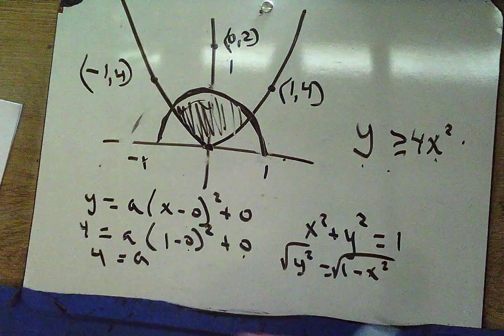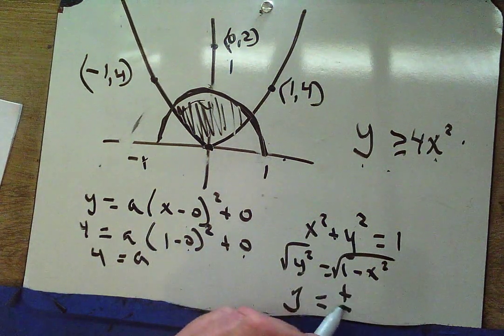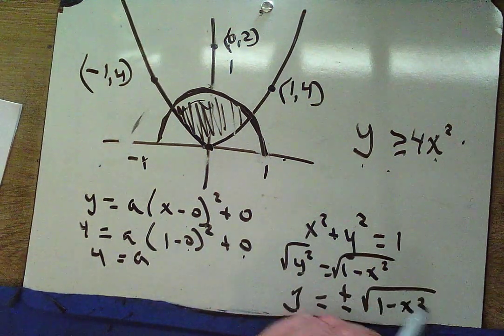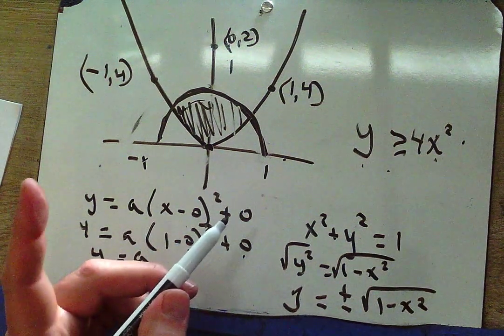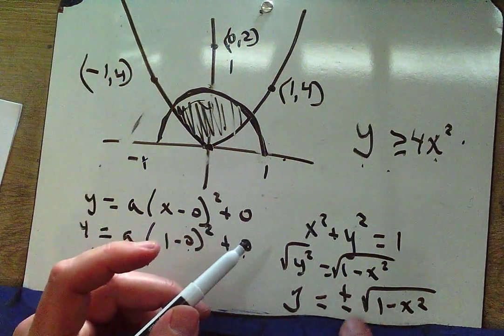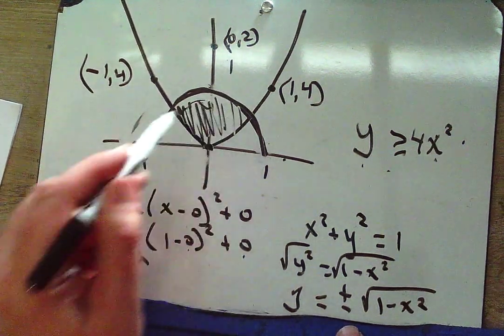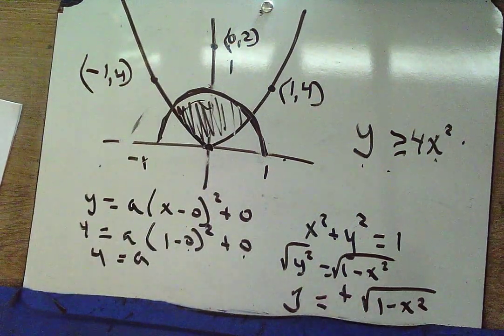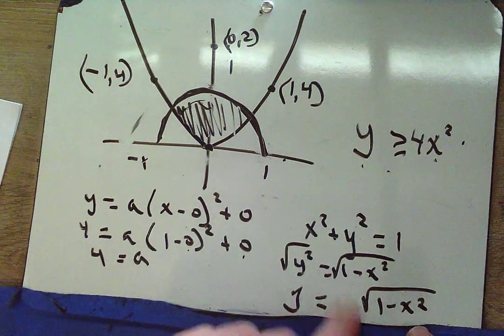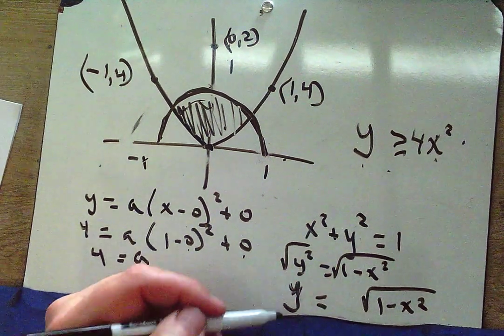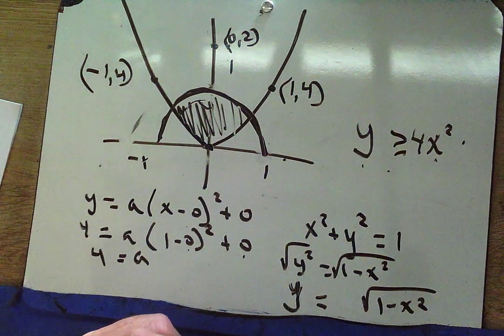And then when I take the square root of both sides, y equals plus or minus the square root of 1 minus x squared. However, I don't have both of these. I only have the positive part of the circle. So that's mine. Actually, I'm going to do it that way. So here's the semicircle equation.